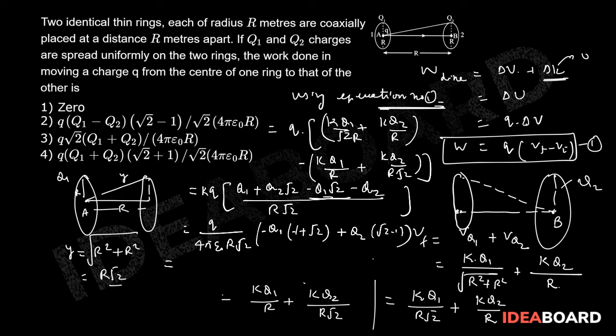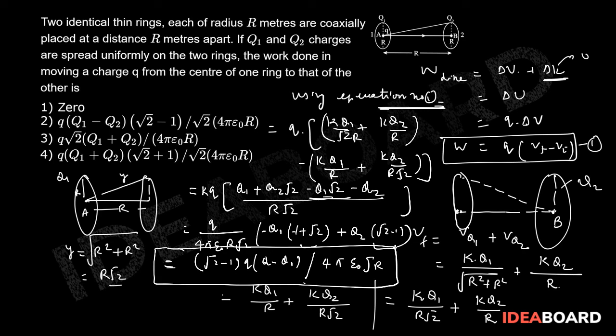Now take root 2 minus 1 common, which will be root 2 minus 1 into Q into q2 minus q1 divided by 4 pi epsilon naught into root 2. Perfect. So now this should be the value of energy.